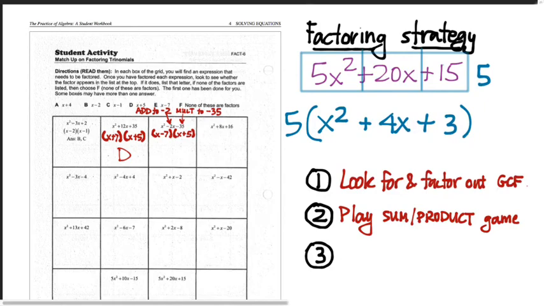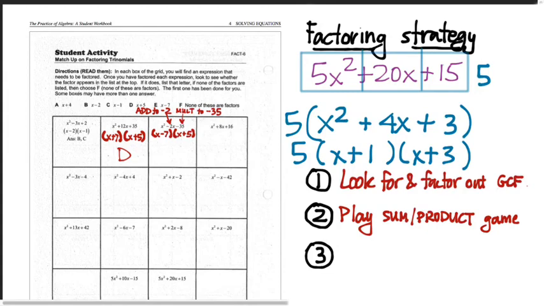And when I play the sum and the product game on that polynomial, how does it factor? x plus 1, x plus 3. Because we needed a pair of numbers there that multiply together to give me 3, and which also add together to give me 4. So now we win the sum and product game, and we had to use 2 steps to factor this particular quadratic trinomial.